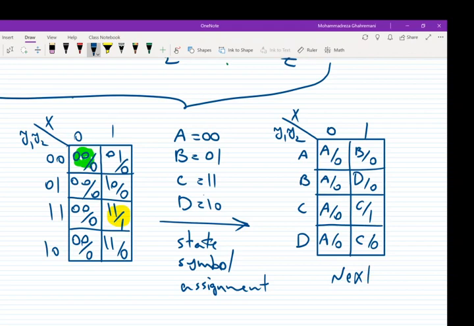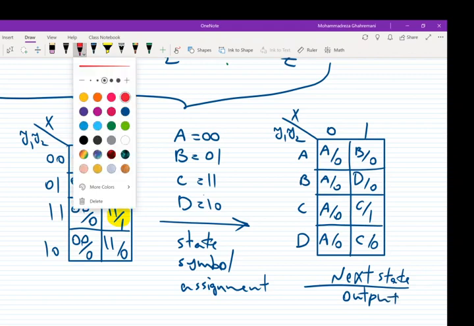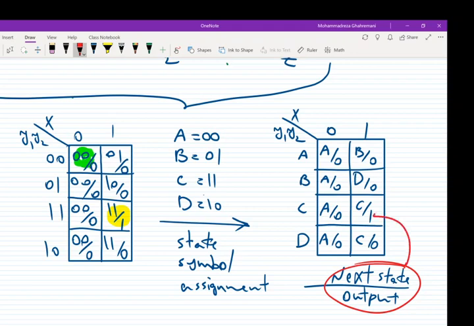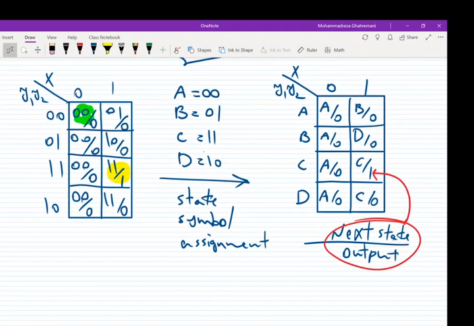And so these are next states and output for each of these cells. Okay, and we are done.